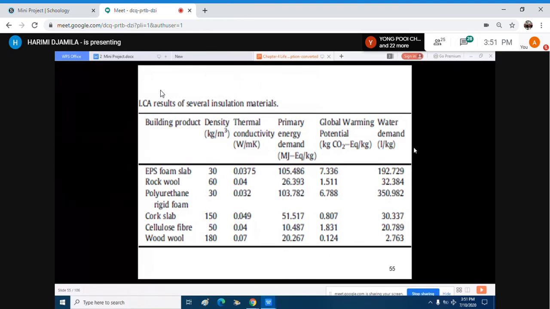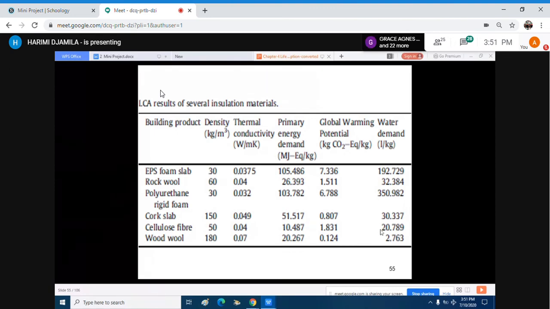If you want to minimize water demand, the water demand and the pump that's used, part of the pump will be under energy. The water itself already is supposed also to be considered. Then the situation will be very different. The EPS is still very high, which is the worst to be considered as building material or for insulation, and the same for polyurethane.